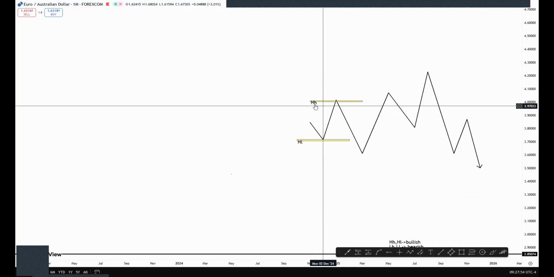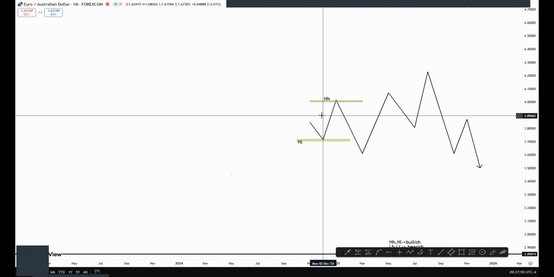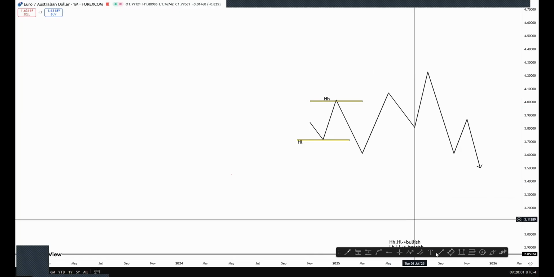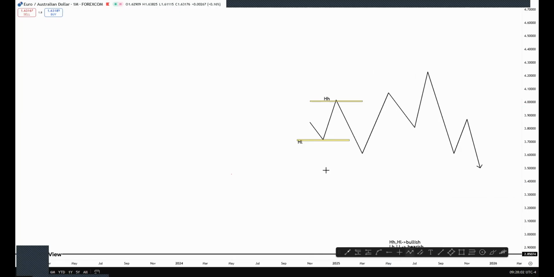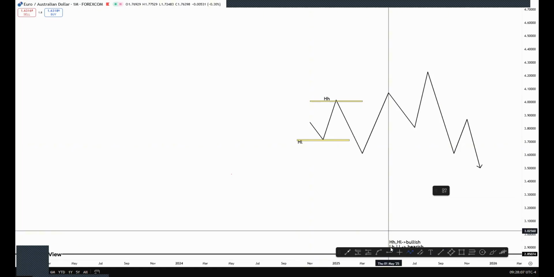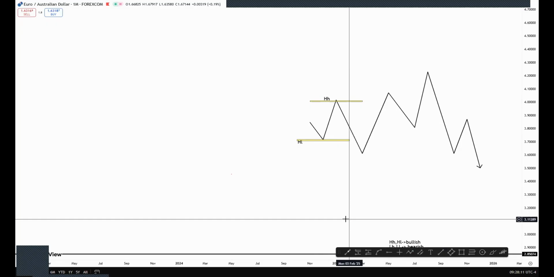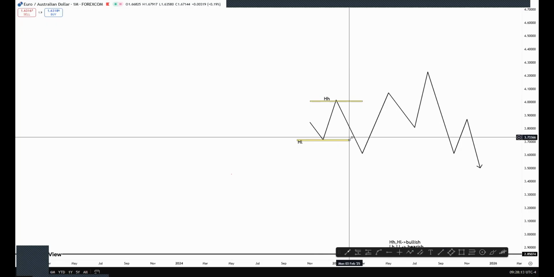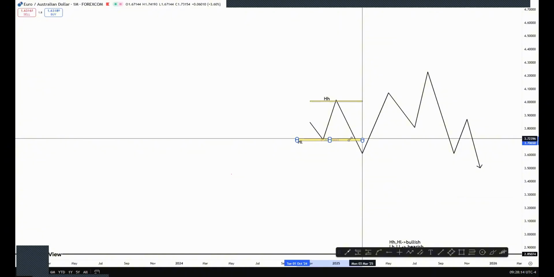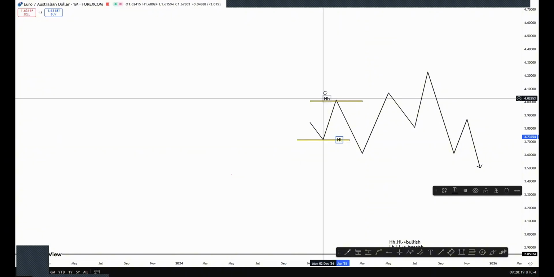Okay, even this is fine. So now what has price done here? Just this small move. This is our higher low, and this is our higher high.